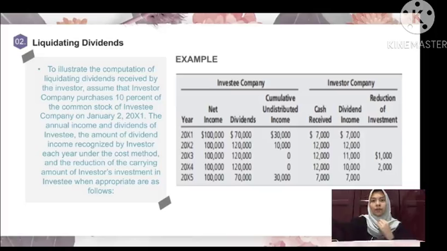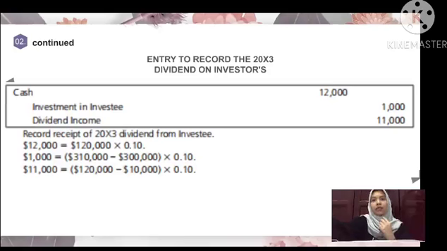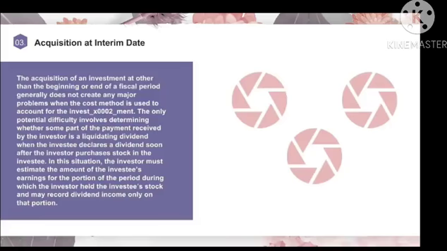So, from the investor's point of view, $10,000 of the 20x3 dividend represents a return of capital, while the remaining $110,000 represents a distribution of earnings. The investor's share of each amount is 10%. Next slide. The entry to record the 20x3 dividend on the investor's books.